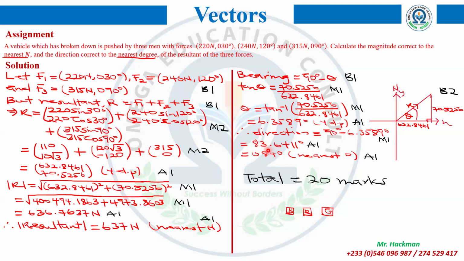So you precede your whole number part, because it's 2 digits, with 0. Then you approximate to the nearest degree. So this will give you plus 1, so 84 degrees. So 084. Without the 0, you won't get the A1. Please take note. It will be A half for now. Next time it will be A0. Remember, bearing angles are usually stated in 3 digits, especially the whole number part.